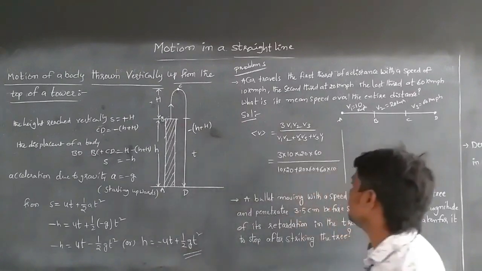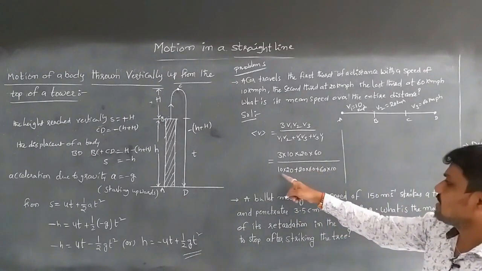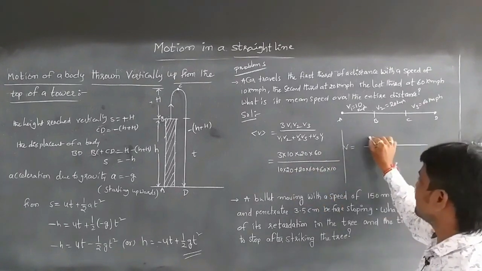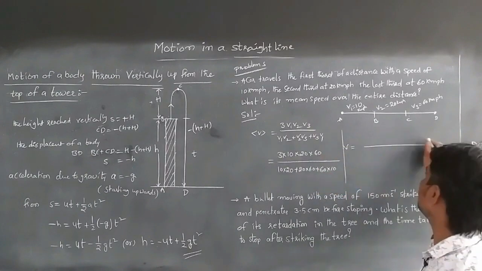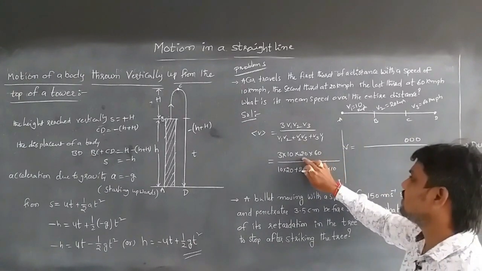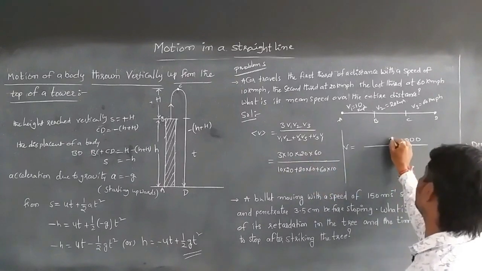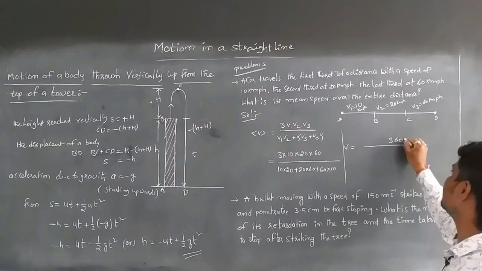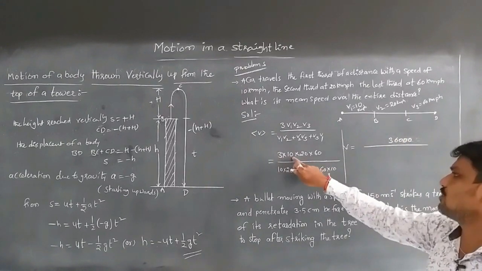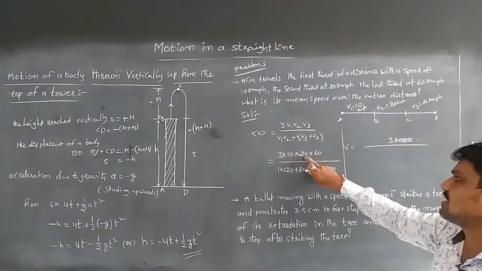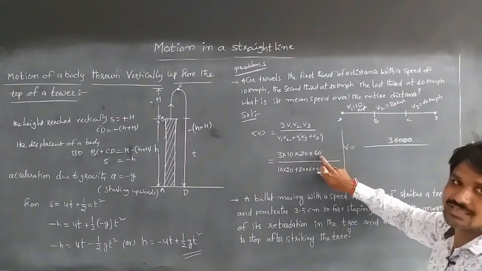So here the values are 10, 20. Three 10s are 30, 30 into 20 is 600, 600 into 60 is 36,000. So the numerator is 36,000.